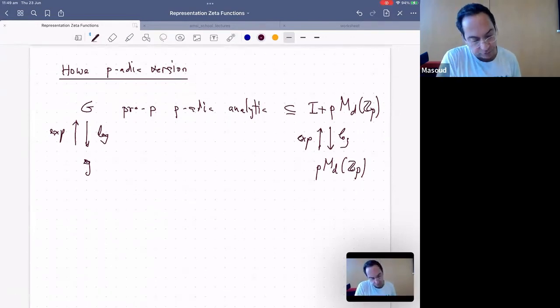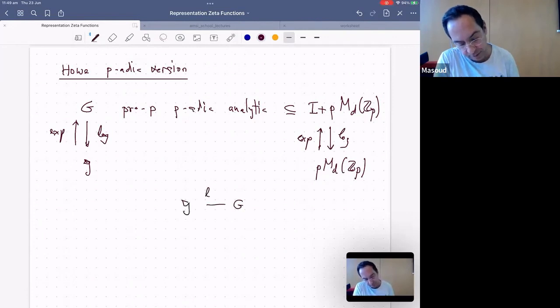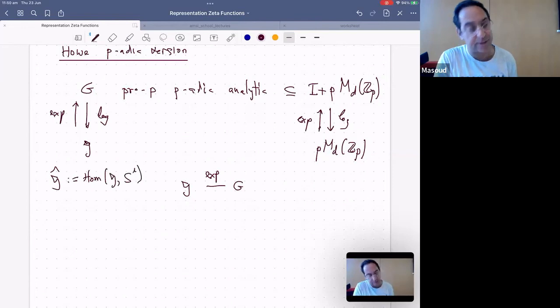You want to construct the irreducible representations of G. Then you take your group G, you take your Lie algebra, and you have your exponential map. And now everything is p-adic. Now you take a character of the Lie algebra. So this is the first change that we make.